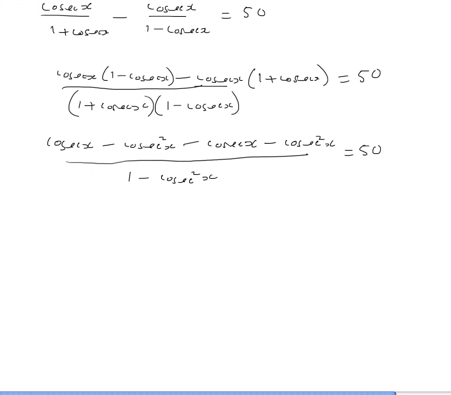Now on the top we shall get left with minus 2 cosec squared x, and underneath you're going to have 1 minus cosec squared x equals 50.